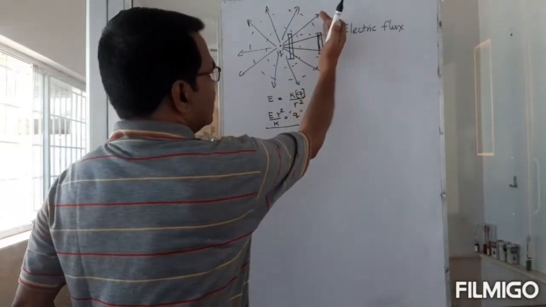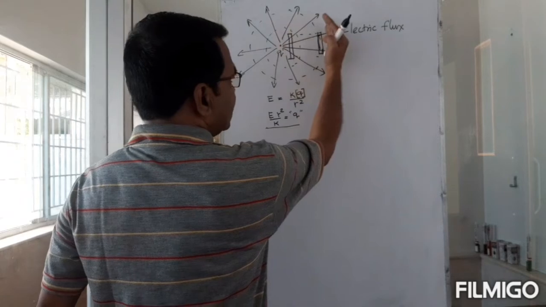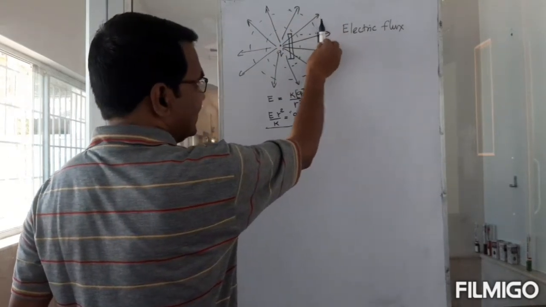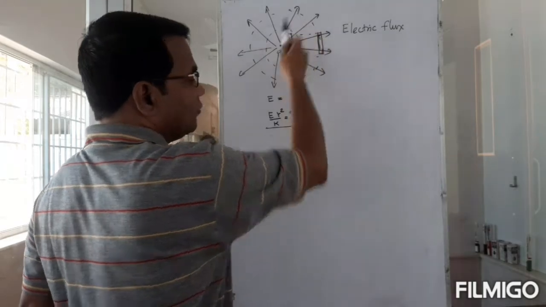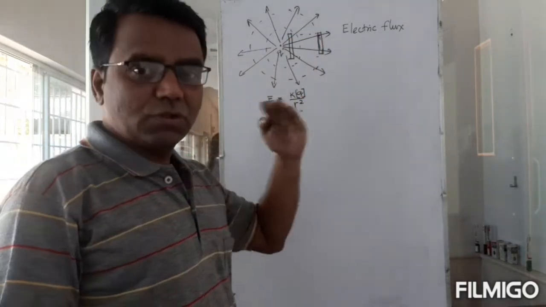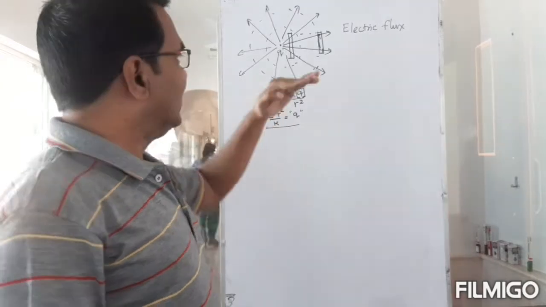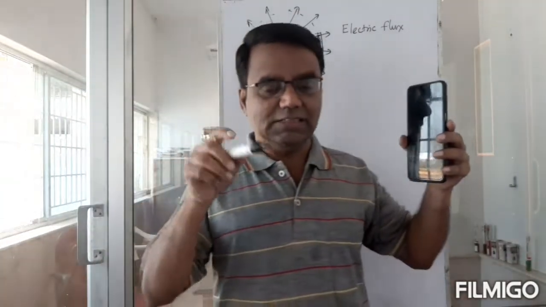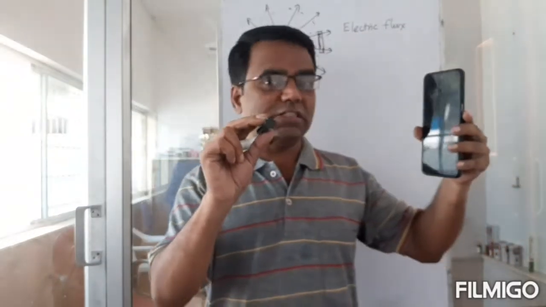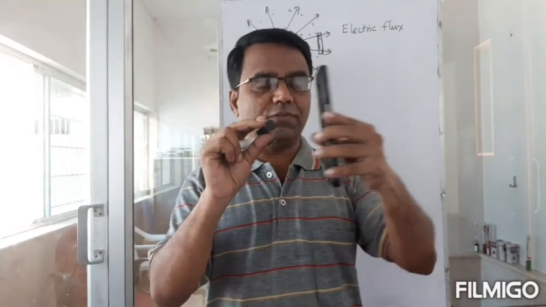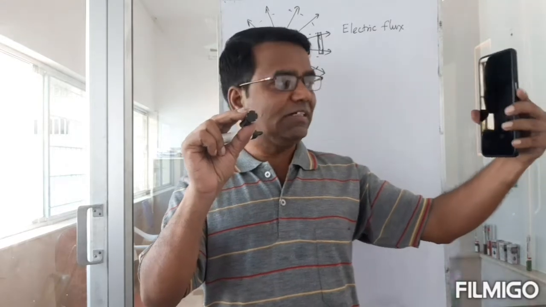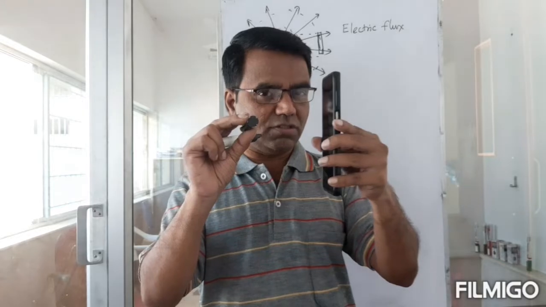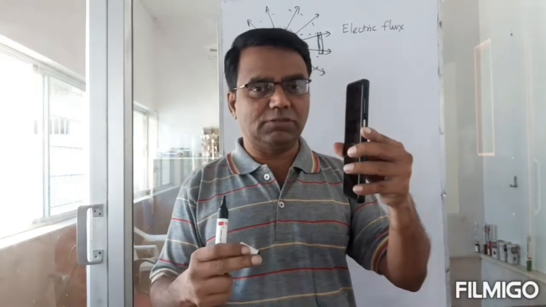So if the area is farther, then fewer rays go through, but it is the same area. When you bring it closer, then 4 lines go through the area. So notice that the number of lines going through this area depends also on how close or far it is. If it is at this distance, maybe 2 lines go through it. And if you bring it closer, then 4 lines will go through it.